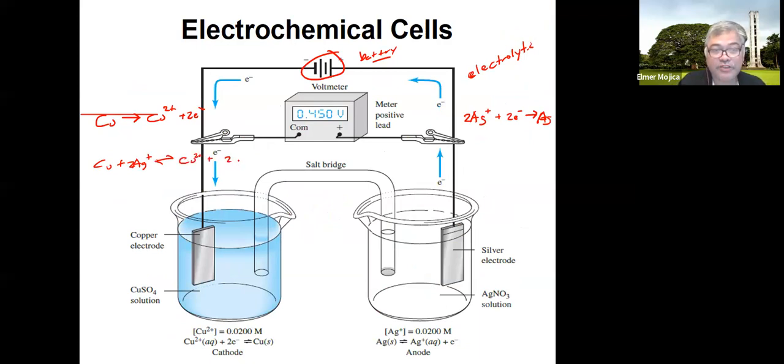Now, both of them have the same composition, right? They have the same electrode. The only difference is that in one you provide the source, and the other one produces or does its work. So that's the difference. If you have a source that you can provide, you can make the reaction go backward.